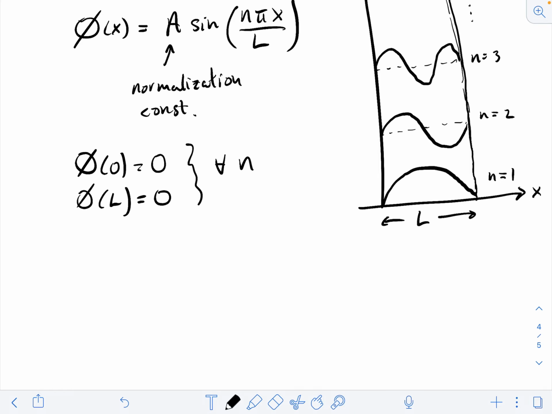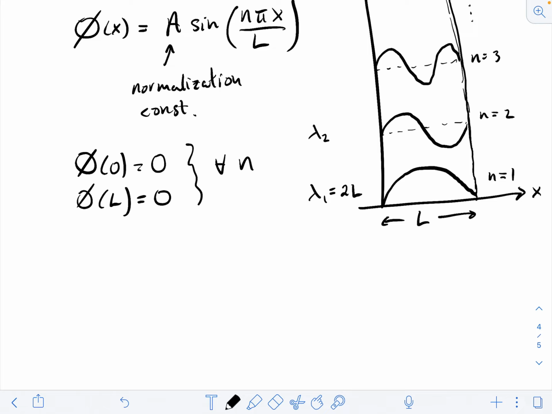So if we look at this, we can see that there's a wavelength, or a period of oscillation. In the n=1 state, half a wavelength is equal to L, or λ1 is equal to 2L.